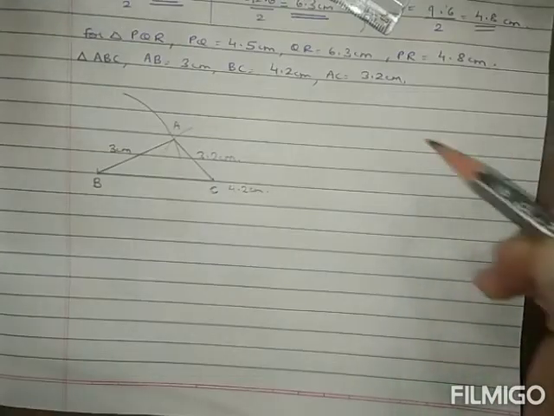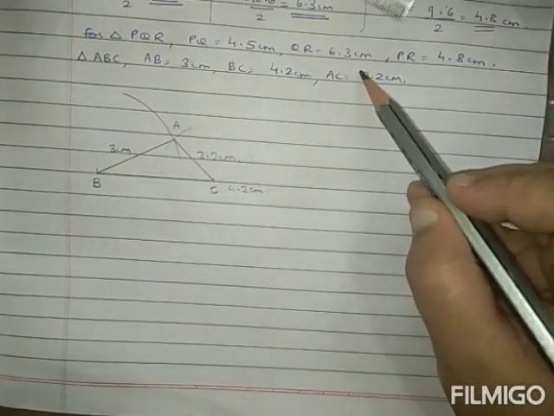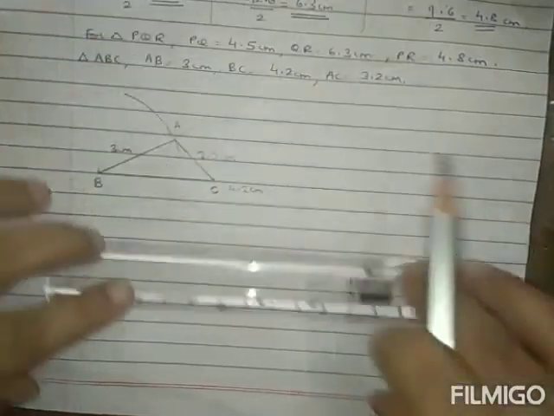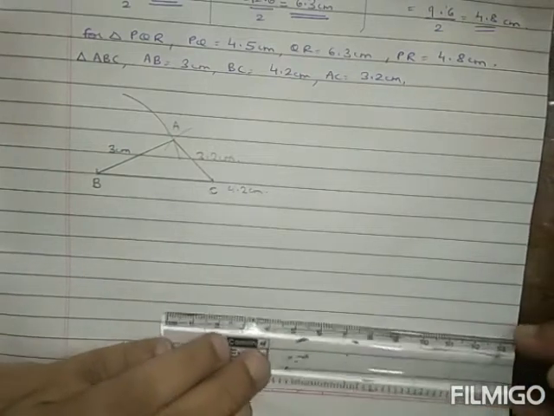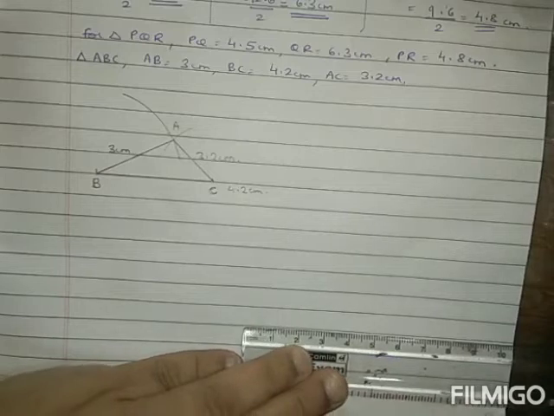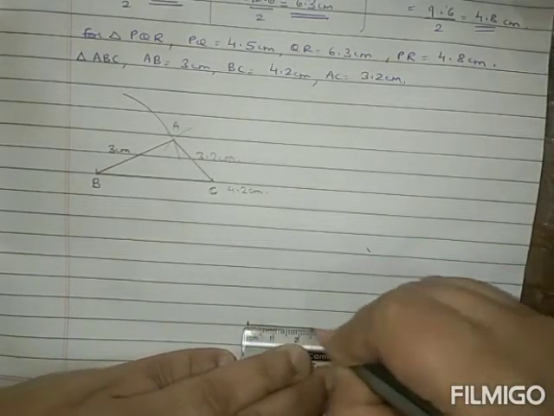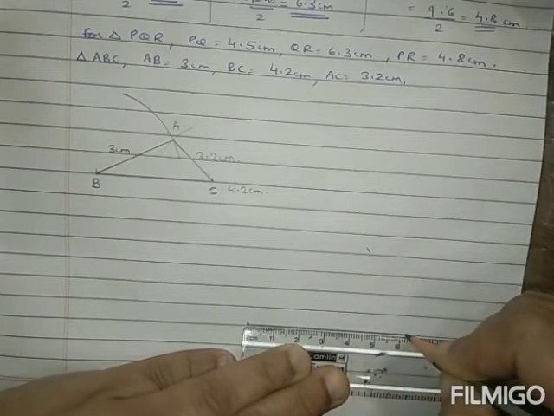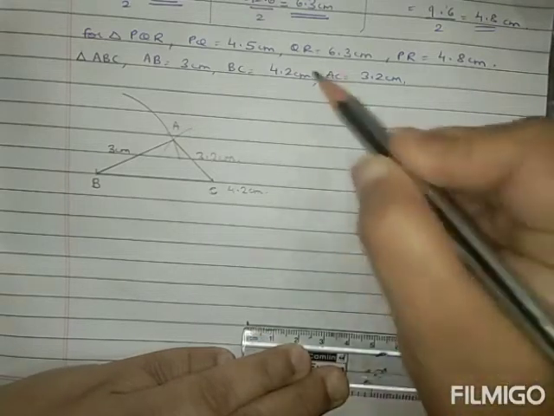For the next triangle, which has a longer base, QR, which is 6.3. So we will draw 6.3 first. And which is the base?